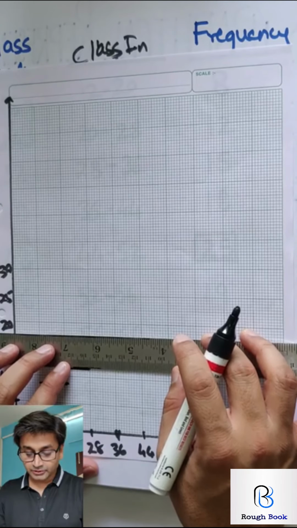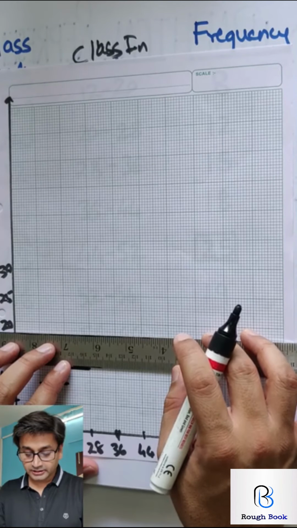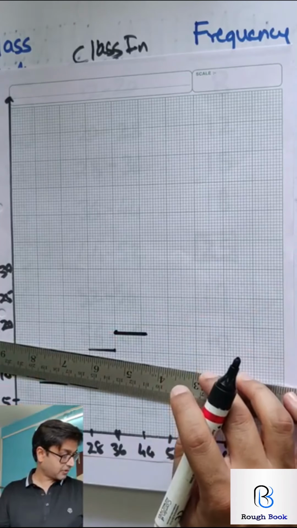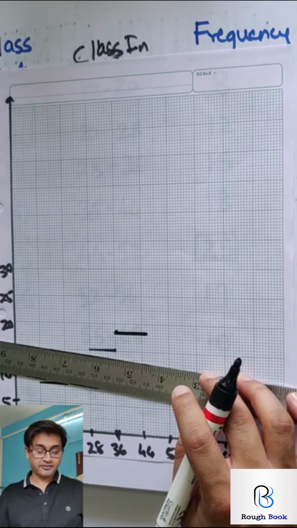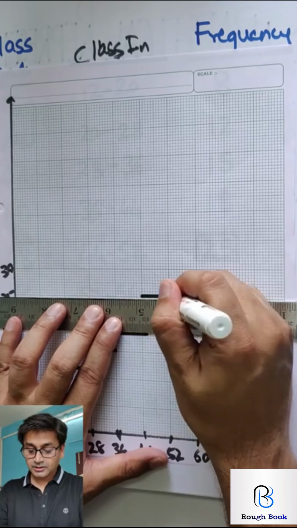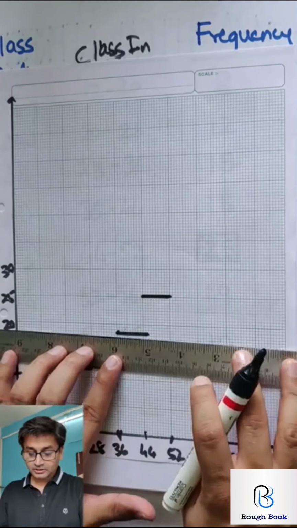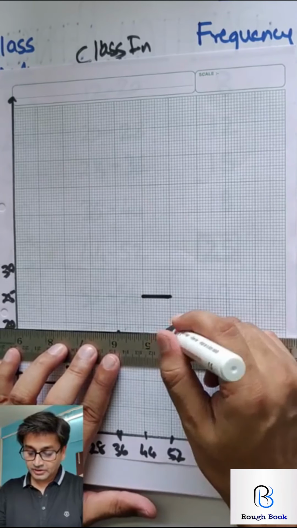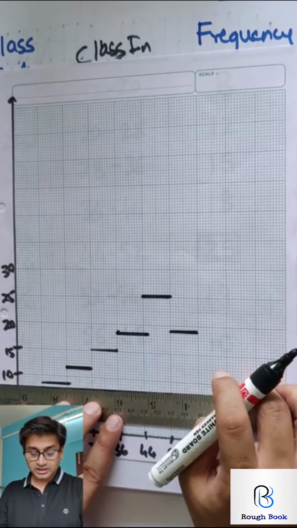Are you connecting with me? Yeah, if you're connecting, that means you are copying. Yeah, that means you've not paused your video. And then the next one is 25, 19 and 10. So 25, 19 is going to be 2 lines down and then the last one is 10.